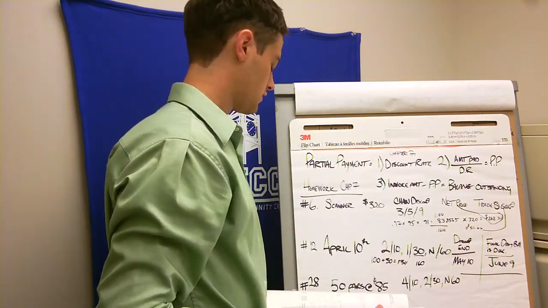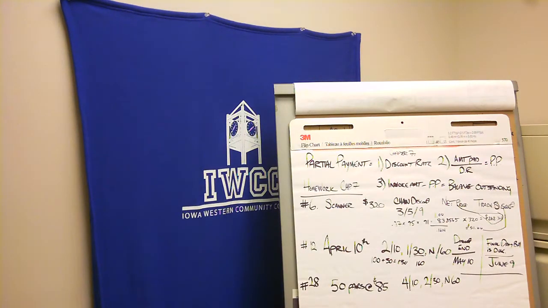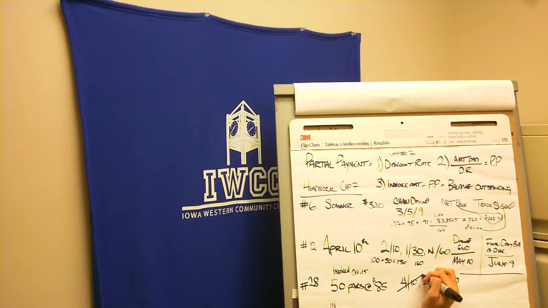So let's do one more. It's number 28. It says that I'm buying 50 pairs of shoes from Nike for 85 bucks, and these are the terms that I get. What happens if I was invoiced on October 15th and I paid them within 13 days? So 13, I missed this, but I hit this 2% discount.